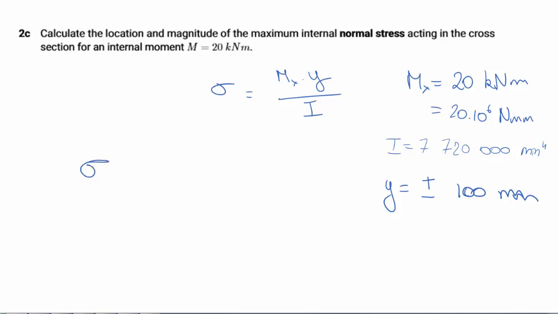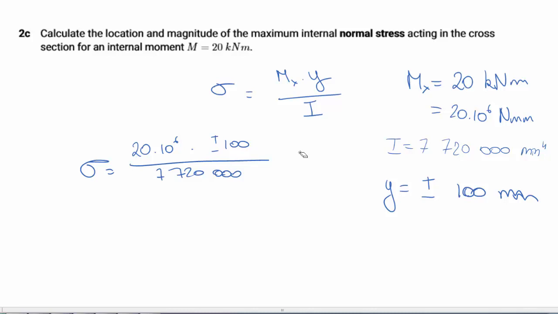If we then fill in the equation, we get that sigma is 20 times 10 to the power 6 times plus minus 100 divided by 7,720,000. I forgot the units here, so let's fill those in. This is Newton millimeters, these are millimeters, and these are millimeters to the 4th.